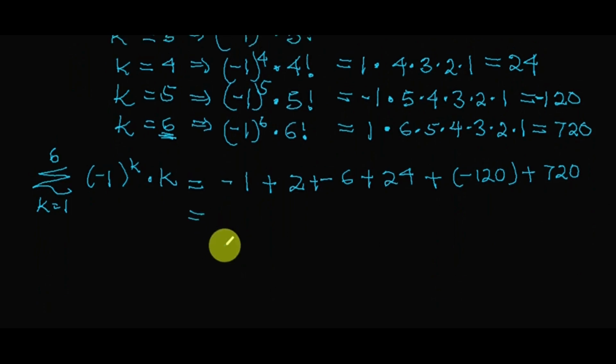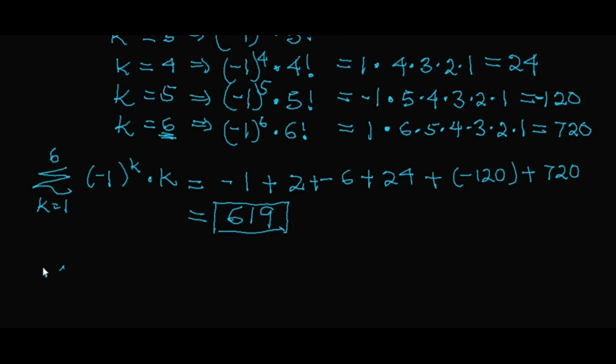So if you add all this, minus 1 plus 2 plus minus 6 plus 24 plus minus 120 plus 720, then we have 619. So this is the sum for this expression.